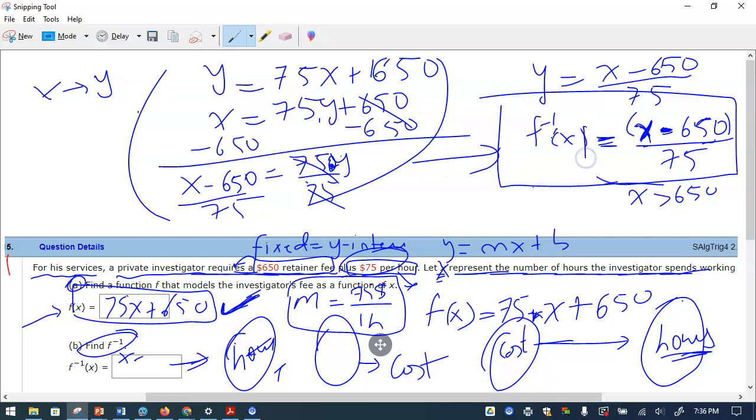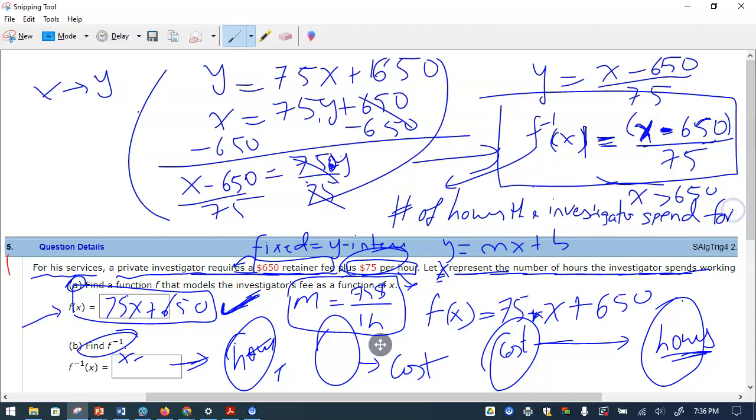This basically means this function represents the number of hours the investigator spends investigating for x number of dollars, or x amount of dollars spent. So that's what you're trying to figure out in the next question.